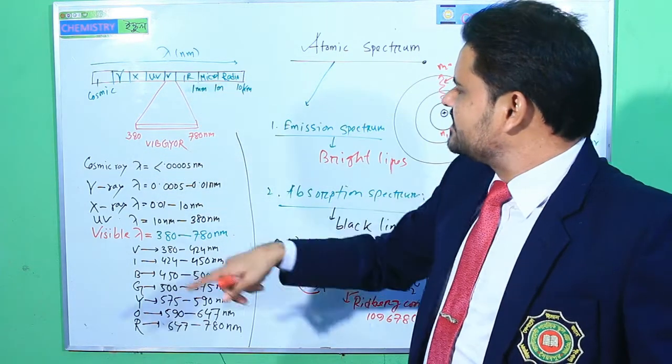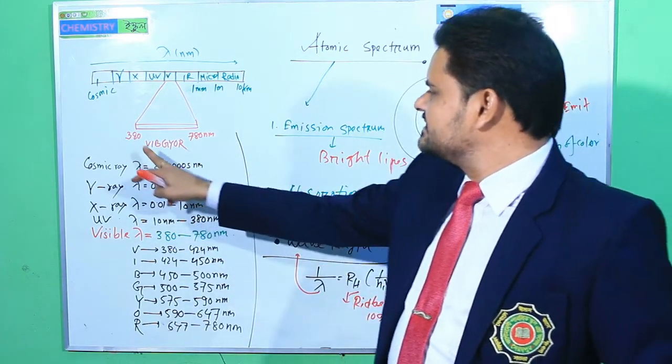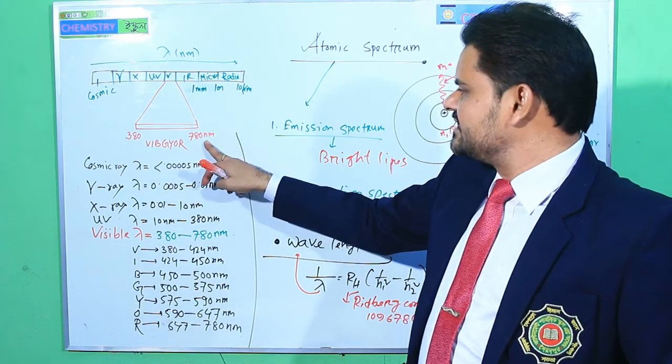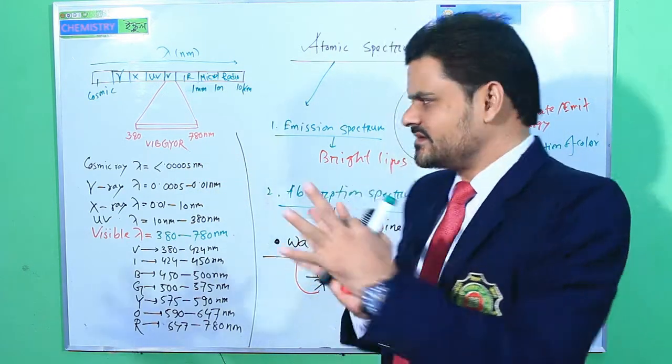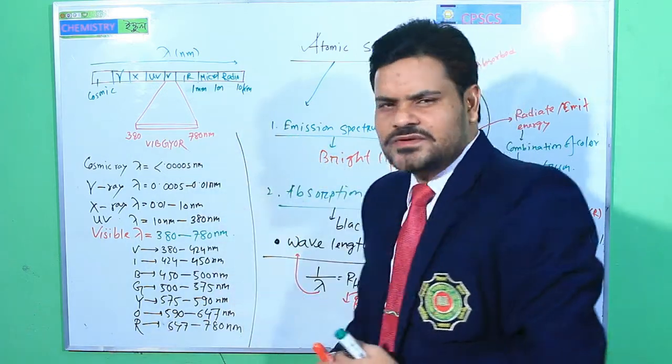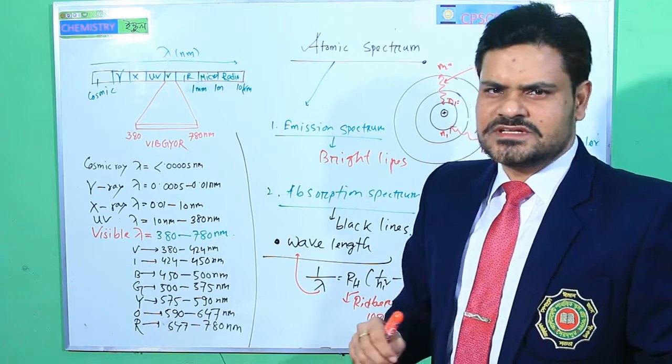The range of the values of lambda here is 380 nanometer to 780 nanometer. If you get the values of wavelength within the range, then you can easily say that these are the visible color, visible spectrum.